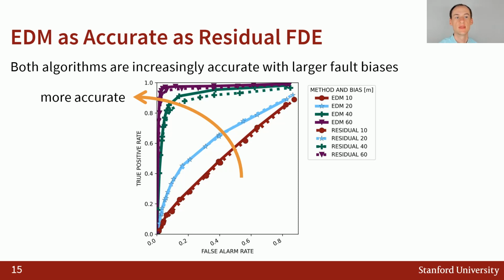And so the better an algorithm is, the closer it'll be to staying along this left side and top side of the graph. So in this graph we see also that the greedy EDM method, the solid lines, has similar accuracy to the greedy residual method in dashed.